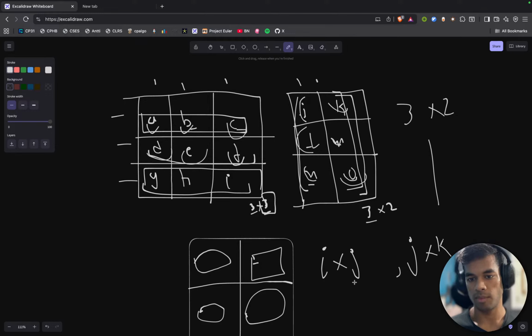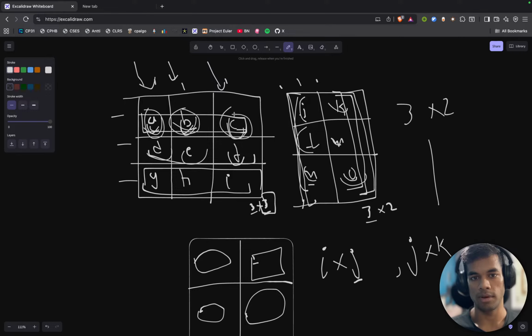First of all, we will multiply all of these j's with these. In total there are j columns in this, and every number in this column is going to be multiplied 2 times. Why 2 times? Because there are 2 columns in the second matrix.